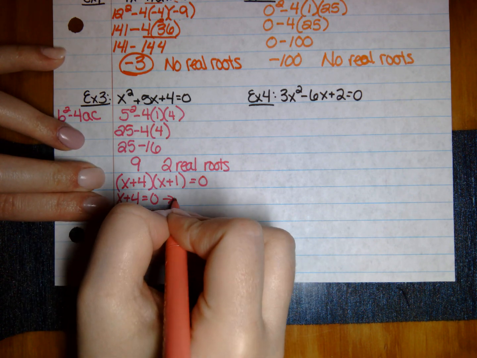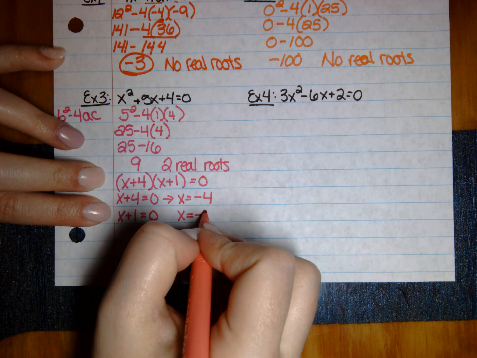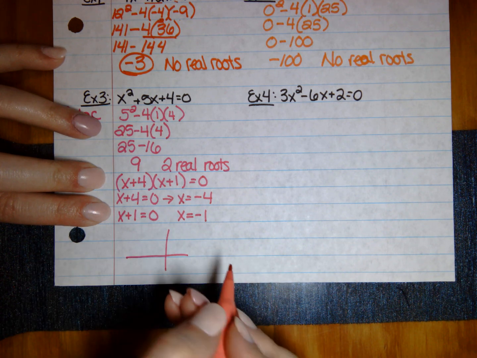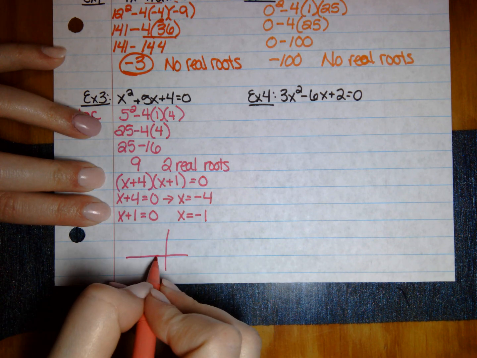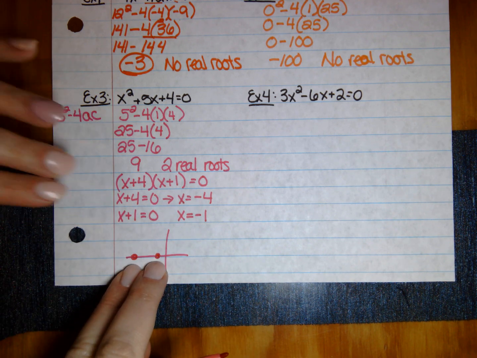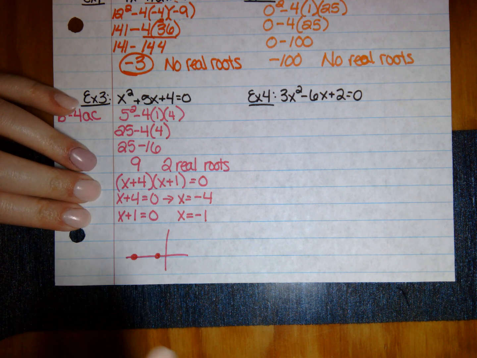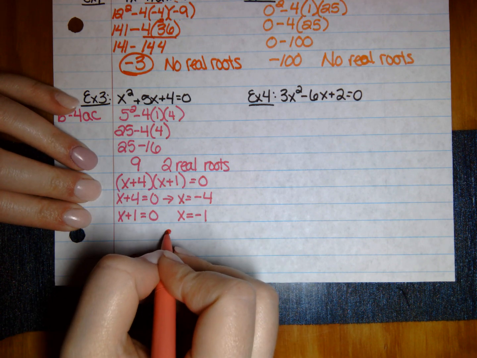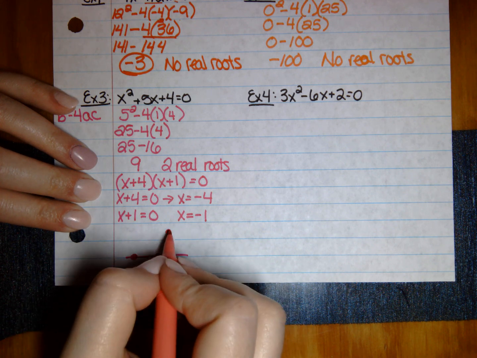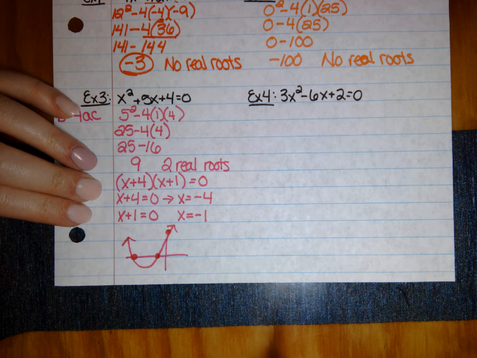This is going to give me x is negative 4, and this is going to give me x is negative 1. So on my graph, when x is negative 1 and x is negative 4, that's where my parabola is going to cross. I know it's going to touch at positive 4 on my y-axis, and it's going to have some negative value. So this is roughly what that graph would look like.